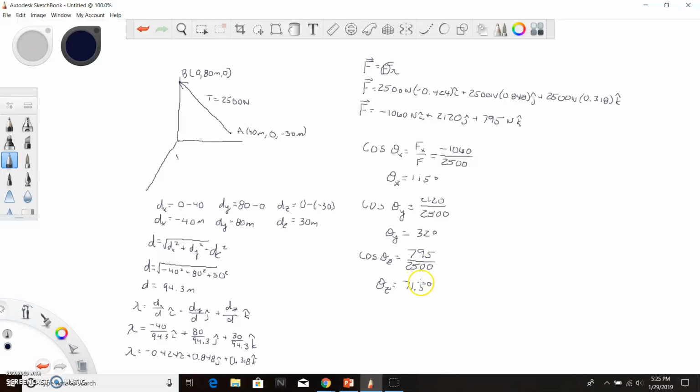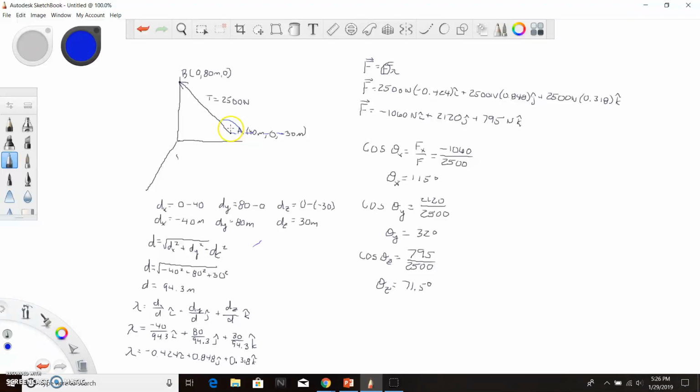Okay, so I'm just going to see, does this make sense? If theta x is 115 degrees from the positive x-axis, let's say this is my positive x, that's definitely over 90 degrees.